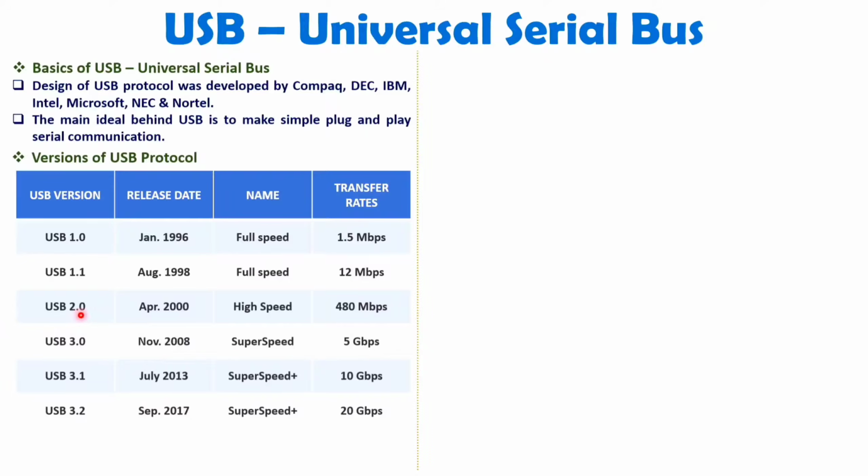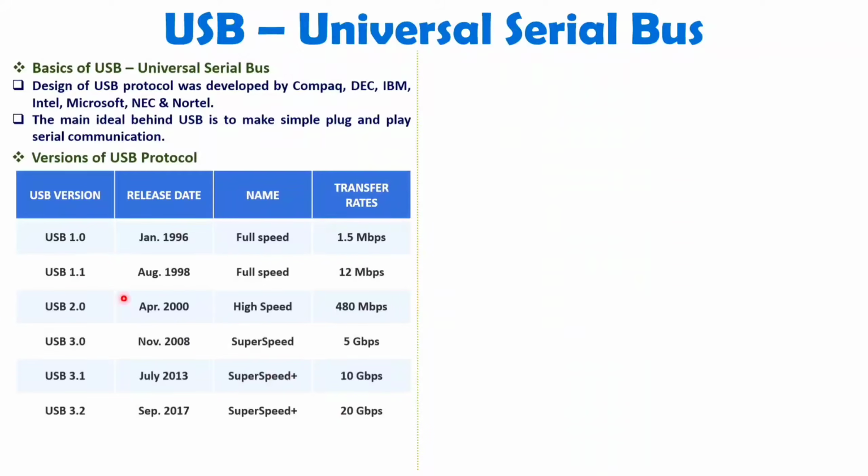Yes, in some commercial applications USB 3.0 is also available, but we use those for very high data transfer rates. Till now these companies have designed USB 4.0 as well, which has a transfer rate up to 40 Gbps.